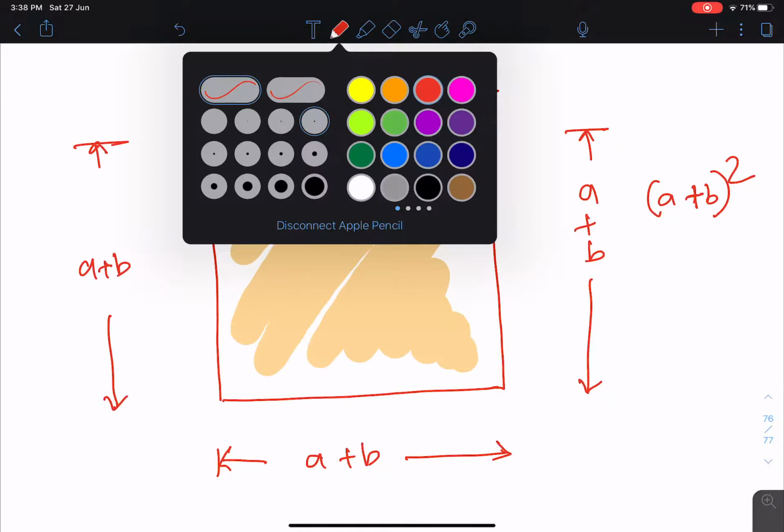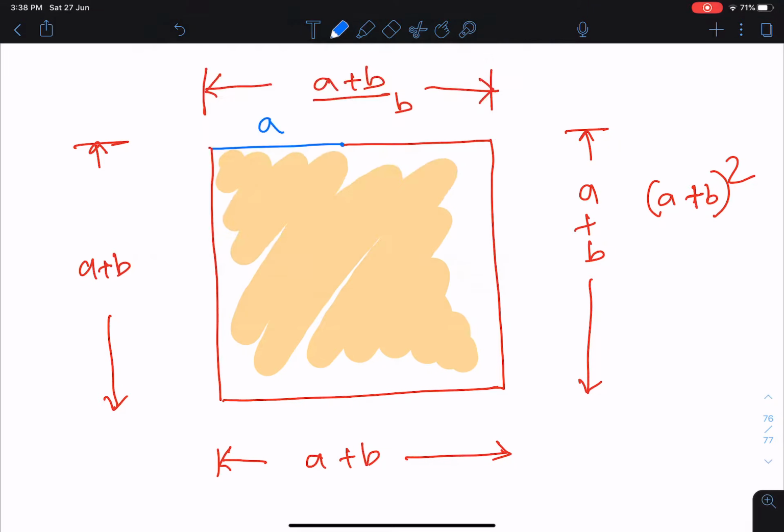Now if I want to make a square with one side of length a, how will it look? It will surely look like this. So this will be my a, this is a, and this is also a, right?